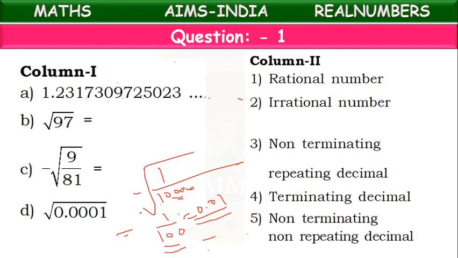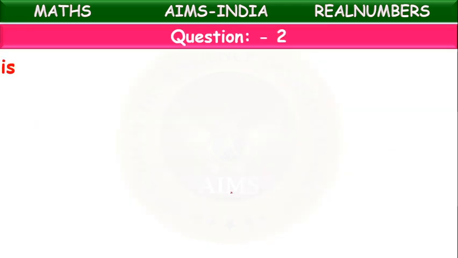We can write like this. So it is a rational number. It is a terminating decimal. So like this, you will be having matrix matching type questions where one question can have multiple answers. Next.